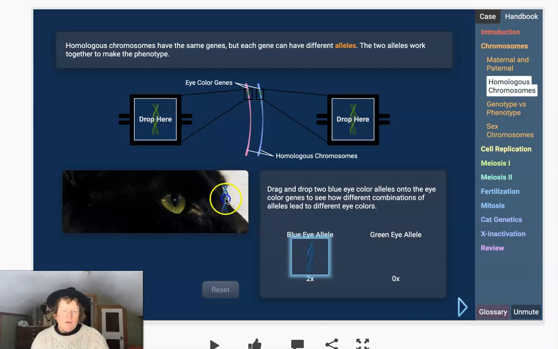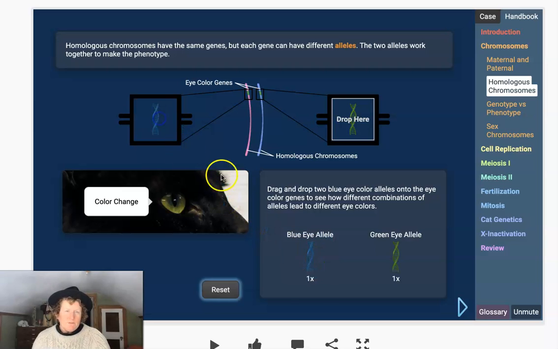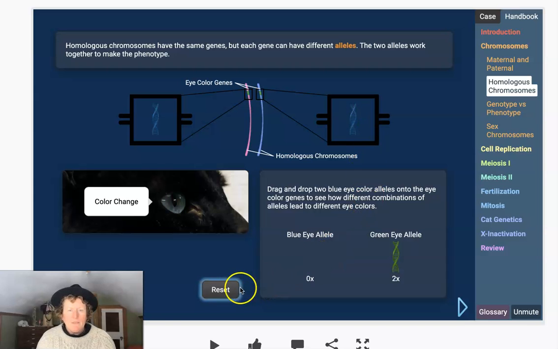We could drag and drop two blue-eyed chromosomes here. And if we have two blue alleles here, we get blue eyes. I don't know if there's an intermediate.